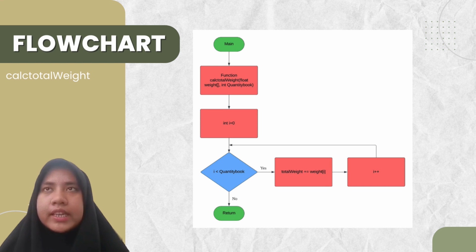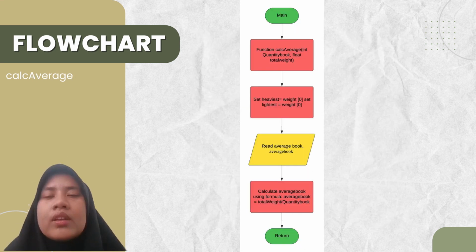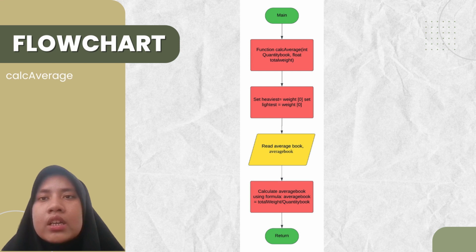This sixth flowchart is about the car total weight function, which is used to calculate the total weight of the books. As an example, if you borrowed 4 books, it will show the total weight of all of the 4 books. In this last flowchart, it was about the function called average, where it was used to calculate the average of the book's weight.